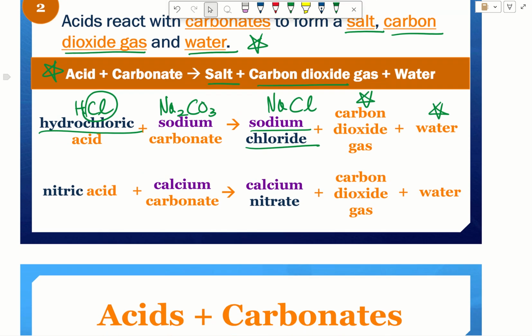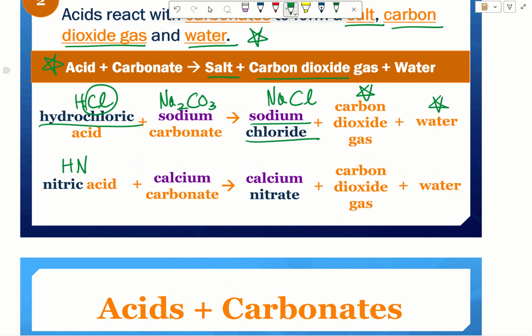How about if we use nitric acid? It will be HNO3, right? So calcium carbonate is Ca, carbonate is CO3, so it will form calcium nitrate. You may not know how to form this, but you need to know what the salt is called.